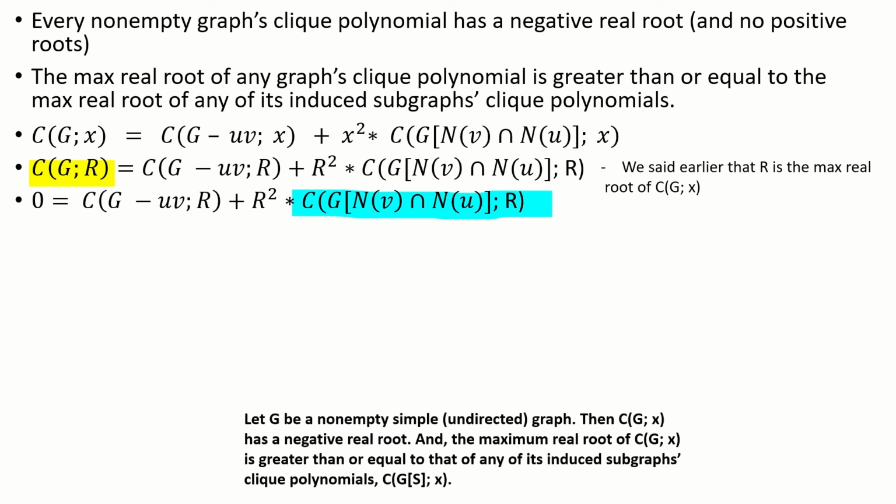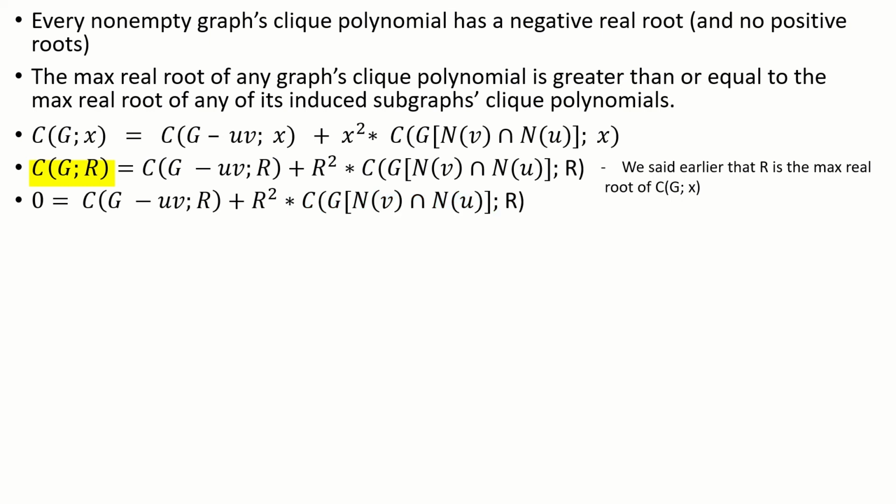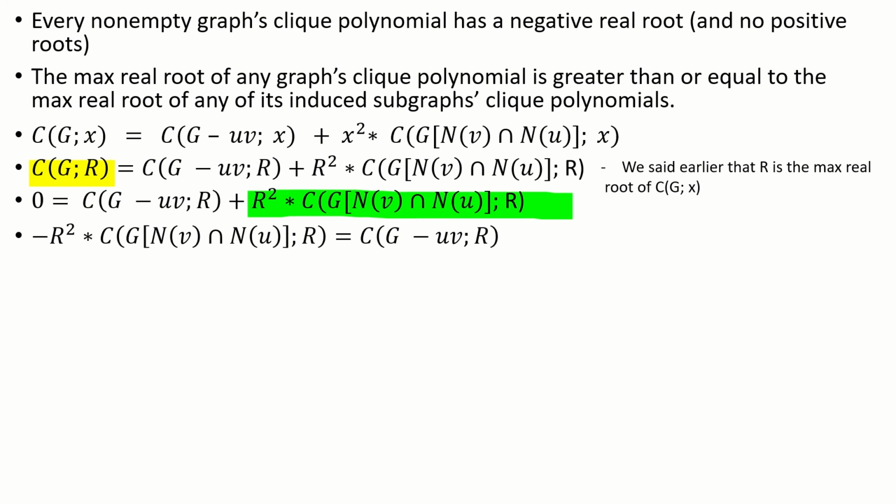That means that it will be greater than or equal to 0 for any value of x greater than or equal to R. Also, R squared is always positive, so that means this entire term is greater than or equal to 0. Subtracting it from both sides, we find that the clique polynomial of the spanning subgraph of G with one less edge than G is 0 or negative at the maximum real root R of the clique polynomial of G.